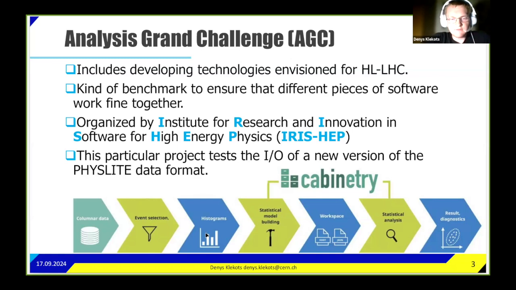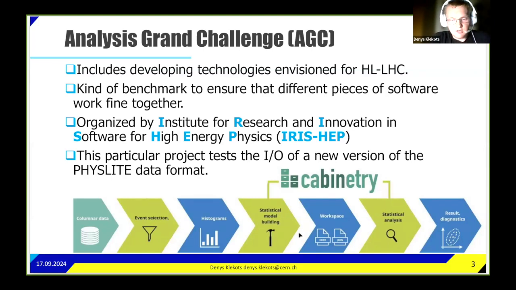And after that, we build histograms and look at some distributions, and the next step is to build a statistical model and make a statistical analysis to estimate uncertainties. And after that, having the final result, we can do some diagnostics with that result.